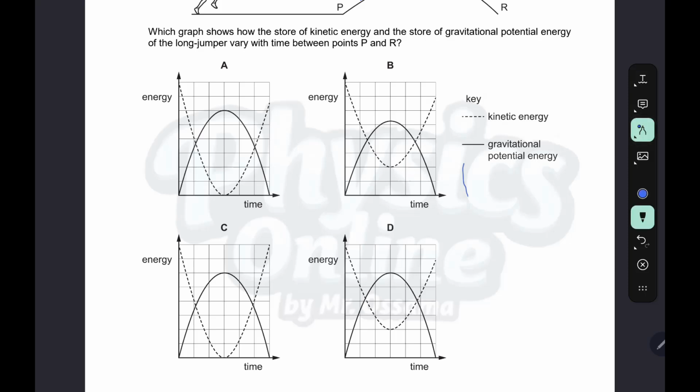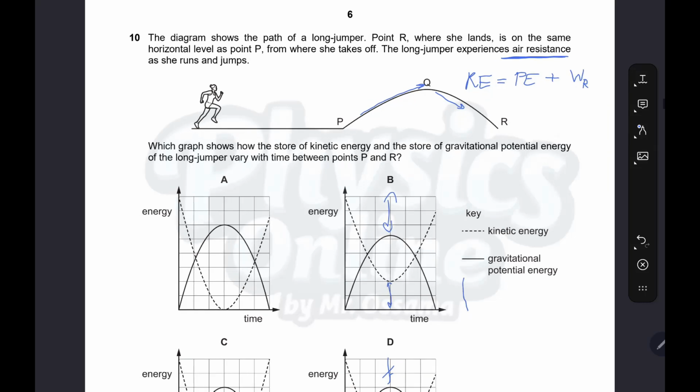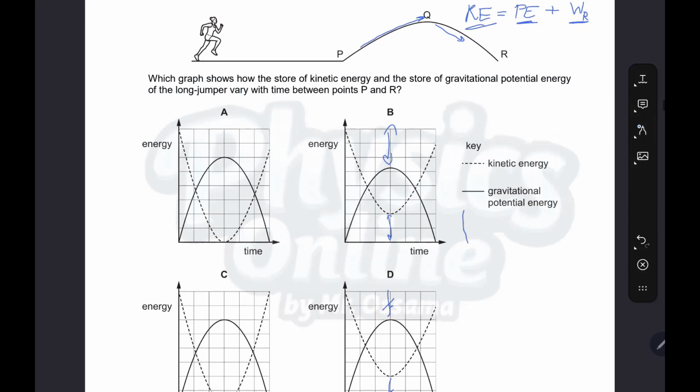And as you see, the minimum points should not be equal, because the kinetic energy is not equal to the gravitational potential energy, as there is work against air resistance. So choose graph B.